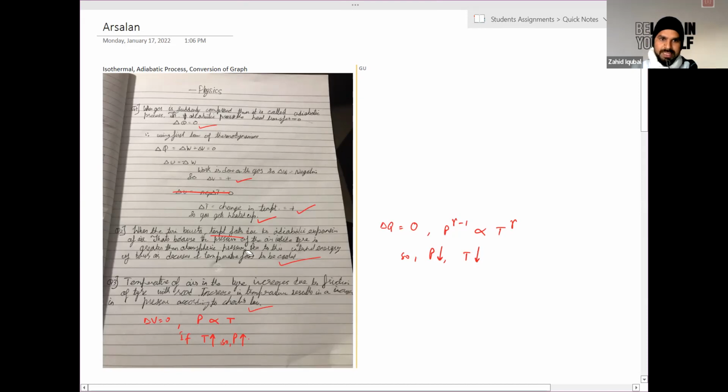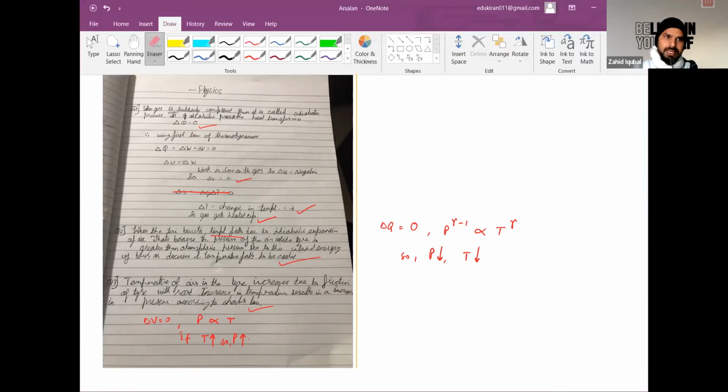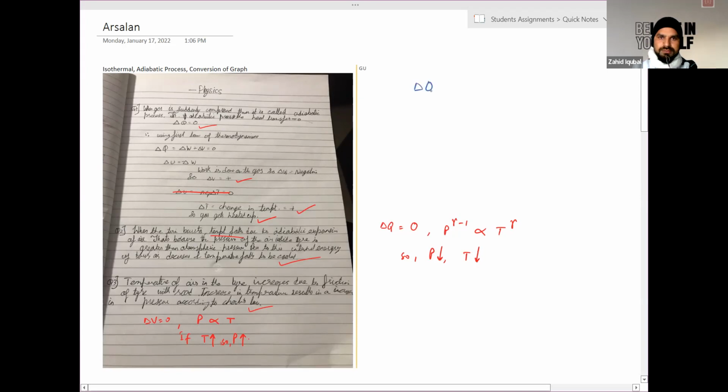It was the second question, but in the first question, similarly, since heat supplied is 0, change in internal energy plus work done will be 0. So if we move this work done towards the right side, change in internal energy will be minus of work done. And since work is done on the system to compress it, work done during compression will be taken as negative.